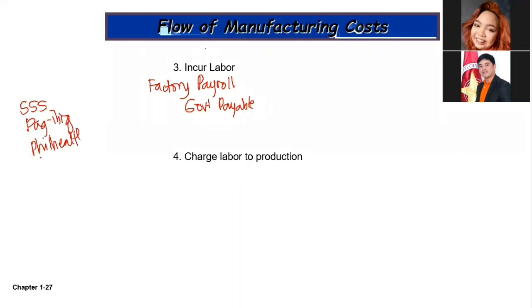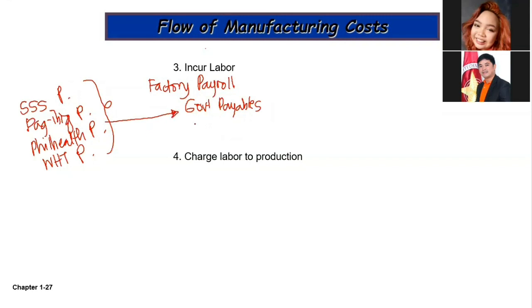Para po sa mga private companies, meron po tayong withholding taxes. Kaya naman yung government payables na to ay SSS payable, pag-ibig payable, PhilHealth payable, and withholding taxes payable. Ayan. Okay, so hindi lang natin nilagay dito kasi medyo maliit yung space natin. Pero ito yung mga nasa government payables.